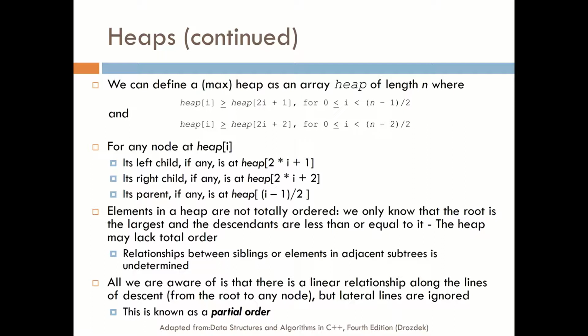And so the relationships between the siblings of a heap are not determined. All we know is that if we were to follow from the root to any leaf, we have, in essence, an order, but outside of that, we do not have an order. As such, this is called a partial order.